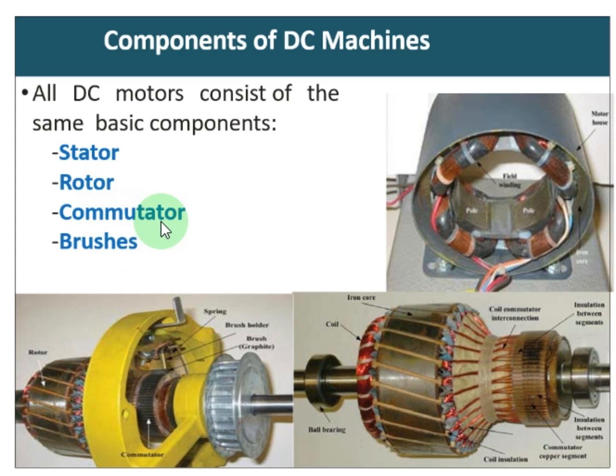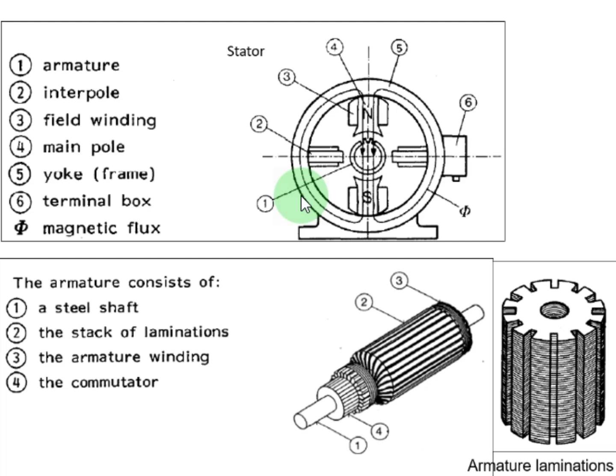So let's look in more detail at these four items. If you look at the very simple diagram of a DC motor here, the first item, which is rotating in the middle, is called the armature or the rotor, right? This middle part is called the armature or the rotor.